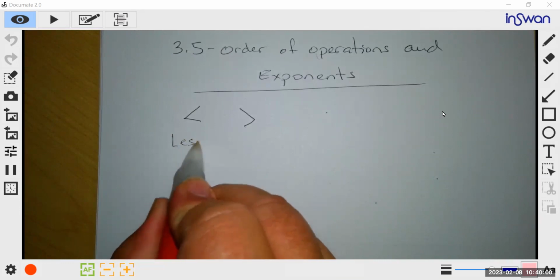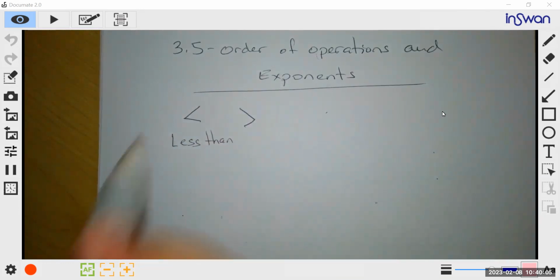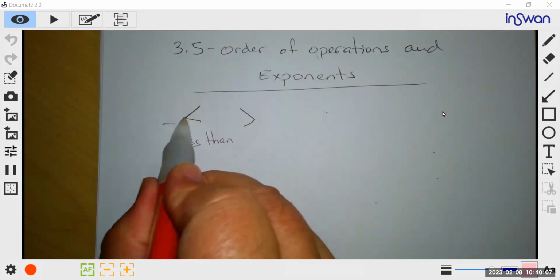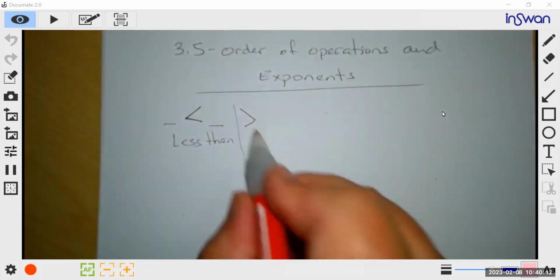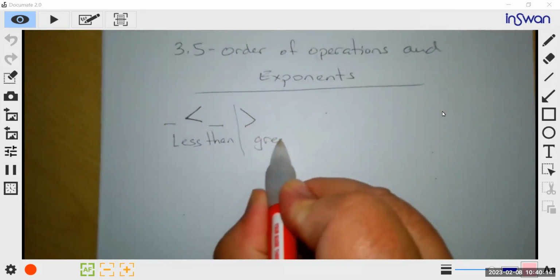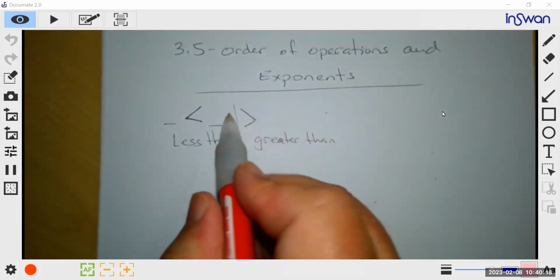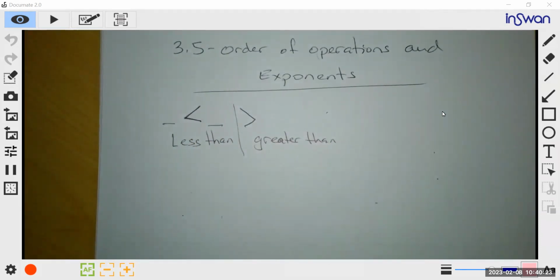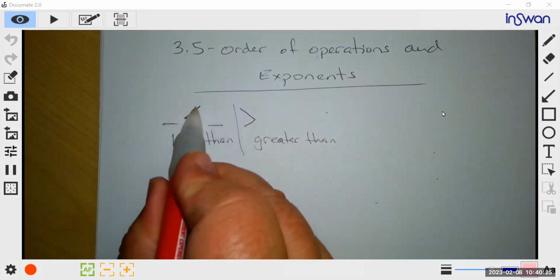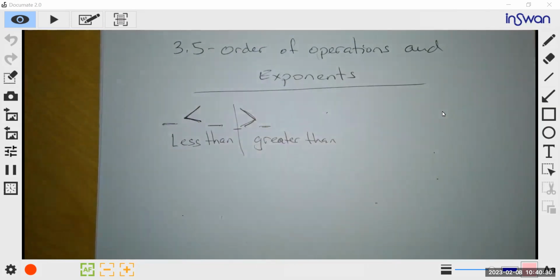This is less than. Remember, you read math from left to right. This number is smaller than this number. The sign here is greater than. So it always points to the smaller and it's open to the bigger. And you always read left to right. So this number is less than this number, which is greater than this number. So that's how you read the signs.